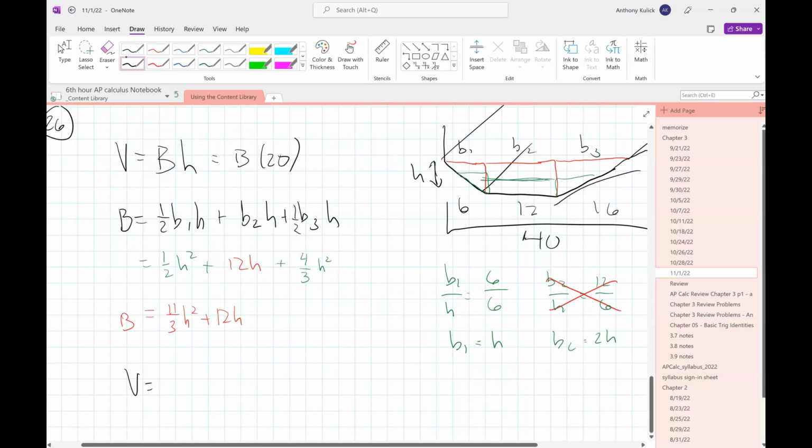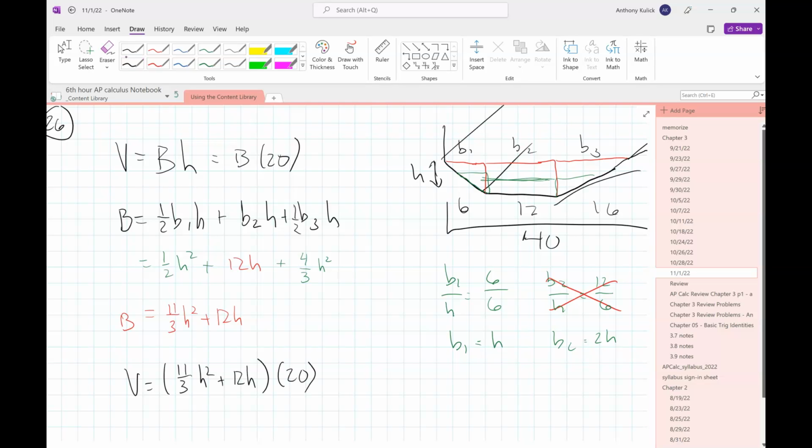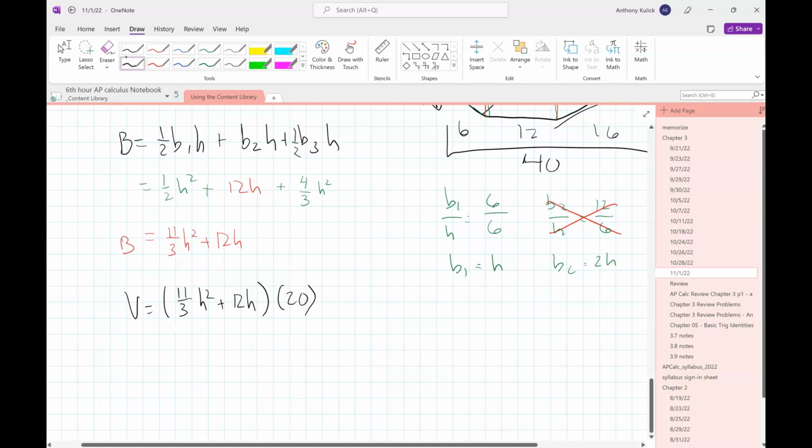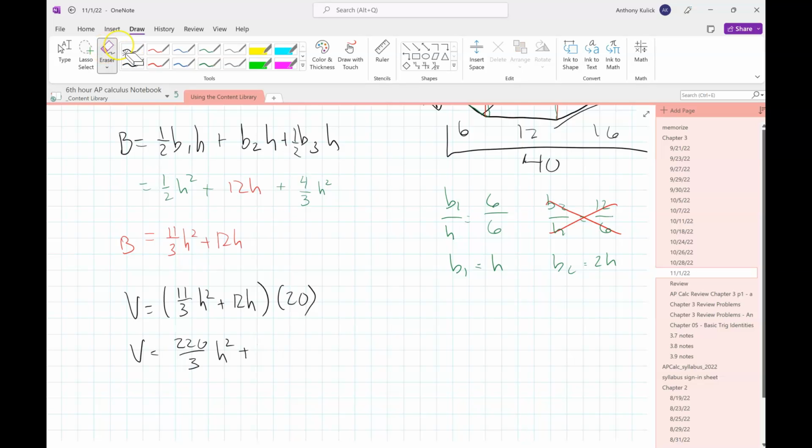So my volume then should be that, and we distribute things through, so that's 220/3 H squared plus 40, sixths, right? Yeah, thank you.